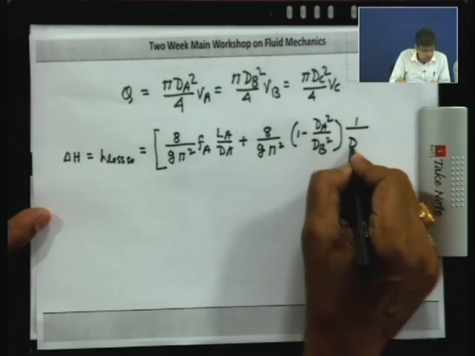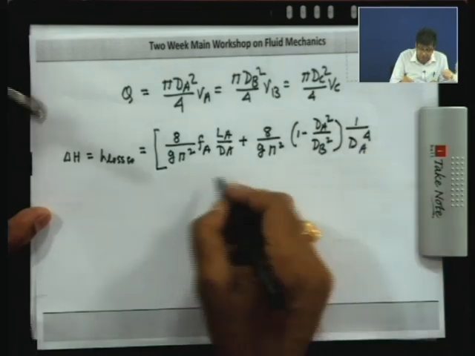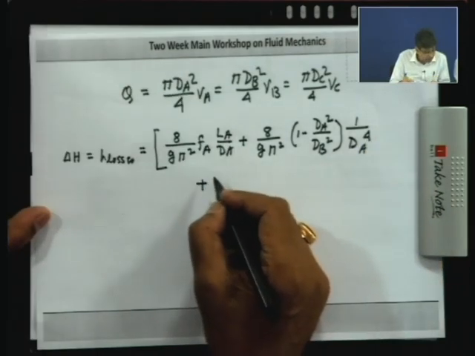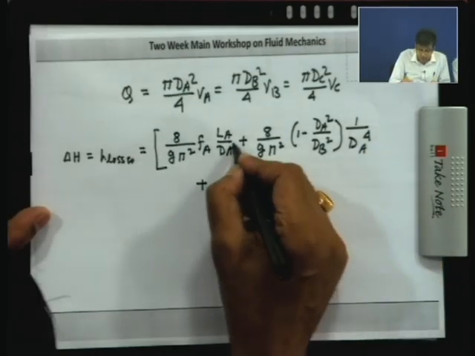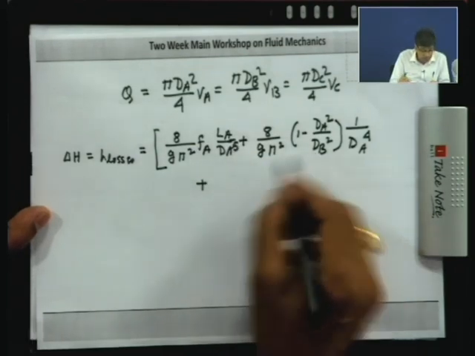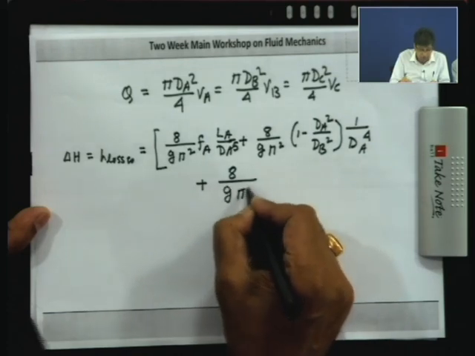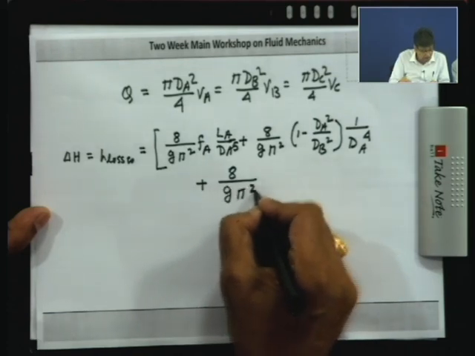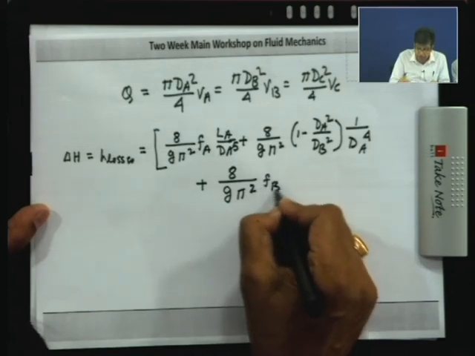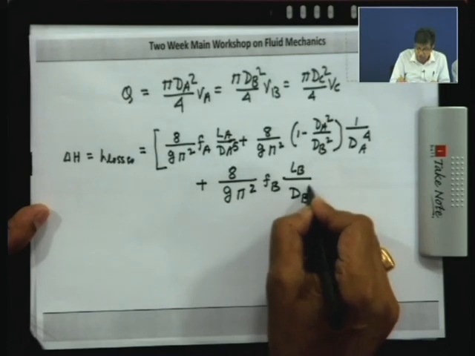Then the second term, 8 by g pi square, FB LB by dB to the power 5.